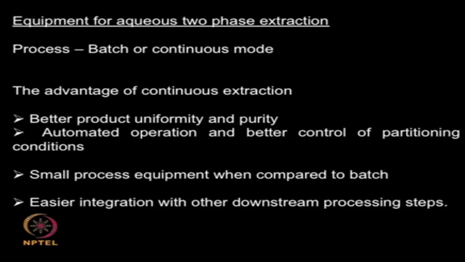With batch operation you get a product, then for some time there is no product coming out, and then again there is product. So it is start stop, start stop. That is the main difference between batch and continuous operation.